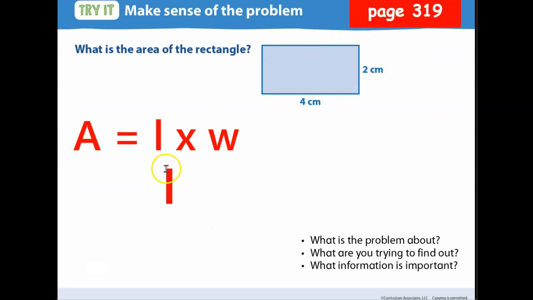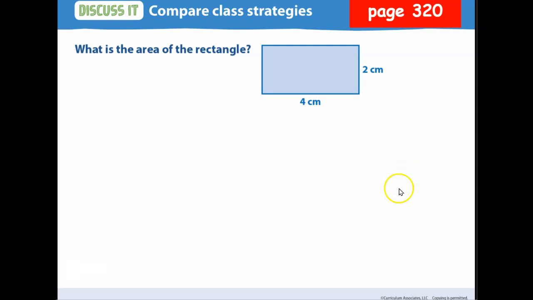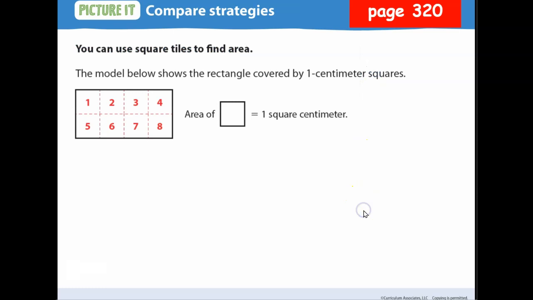Length is 4 times 2 is what, everybody? 8. I could have drawn a line across to make 2 and then 3 lines down to make 4, but that'll take forever. So area is length times width. 4 times 2 is 8.